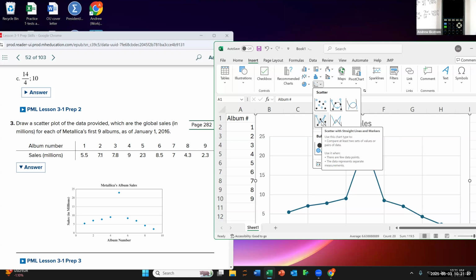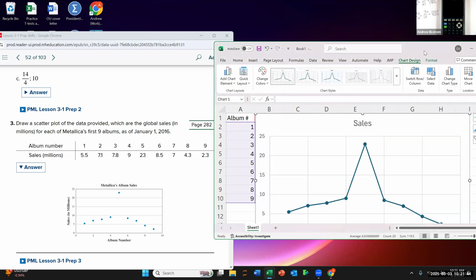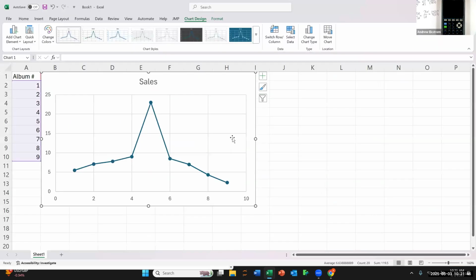Or we can come down here where we make everything have straight lines and markers. Depending on what it is you're trying to do, a lot of times straight lines is going to be a better thing, so I'll just use the straight line option here so you can see what I'm talking about.